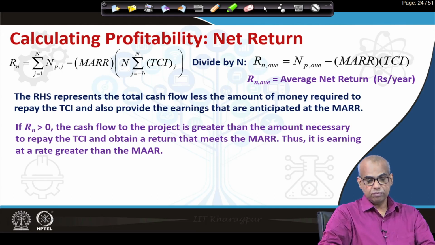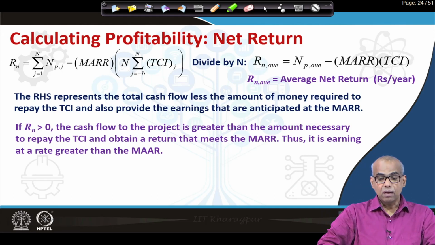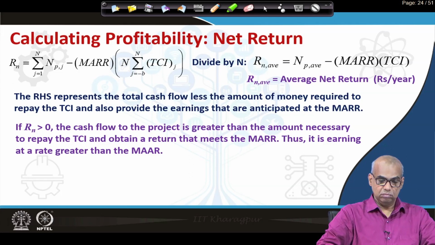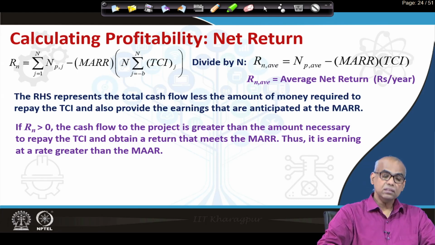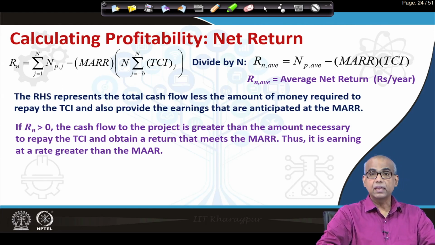Now, if the net return value is greater than 0, the cash flow to the project is greater than the amount necessary to repay the total capital investment and obtain a return that meets the minimum acceptable rate of return. Thus, it is earning at a rate greater than the minimum acceptable rate of return.